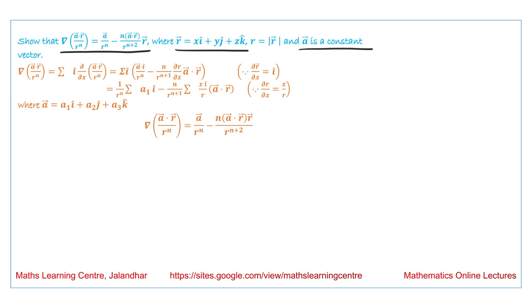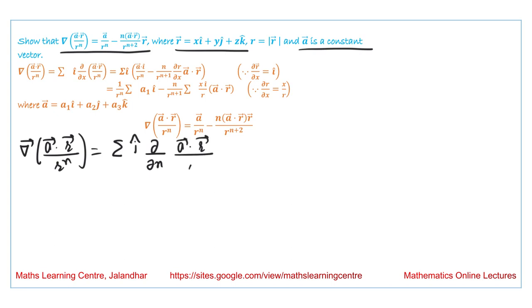So to calculate this value, we write gradient of a vector dot r vector over r raised to the power n, this is equal to sigma i cap curly by curly x of a vector dot r vector over r raised to the power n. Now a vector is a constant vector, so we can write this is equal to sigma i cap, a vector by r raised to the power n.